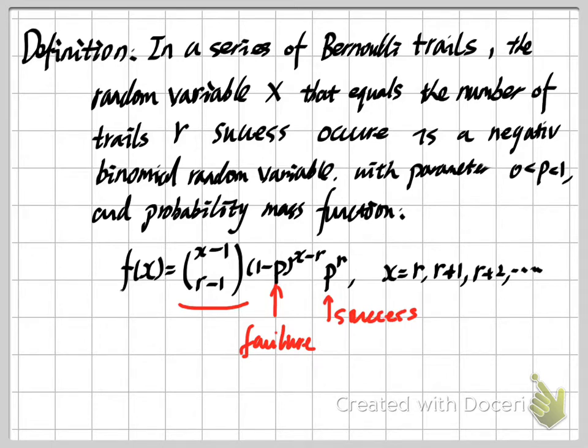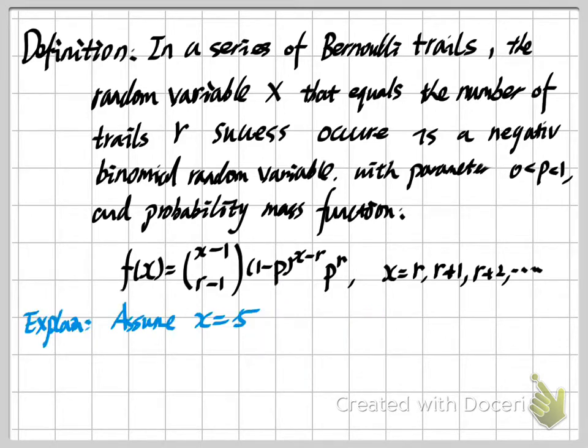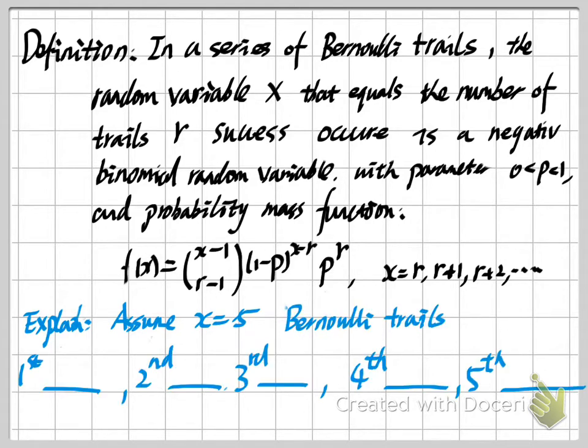For example, assume X is equal to 5. As I said, that means in total we have 5 Bernoulli trials, and for each of them we consider the possible outcome. The 5th is where we get our second success, so R equals 2.